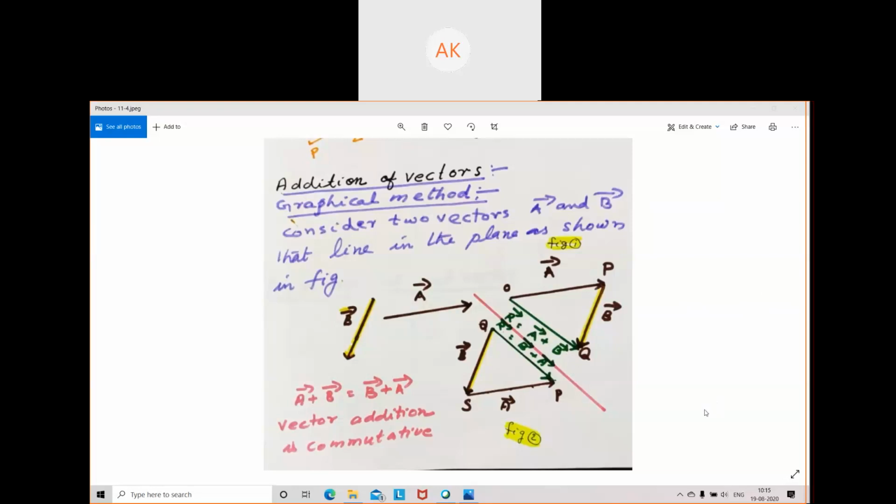Now almost all are present today. Even though late, they all are present. 38. One more is there. No, 39 is there. Okay, Jnana Prakash is also there.